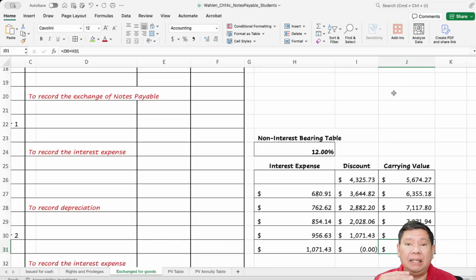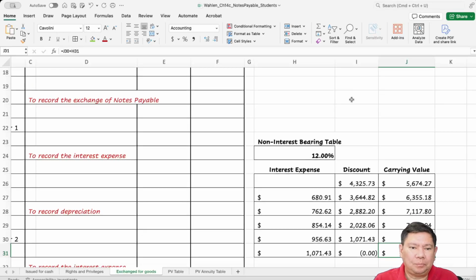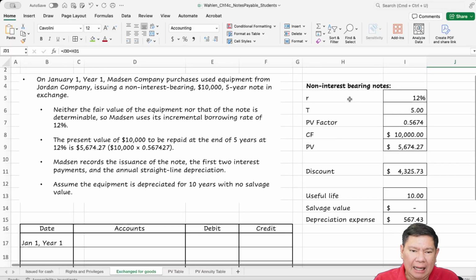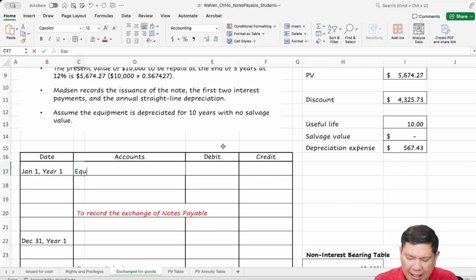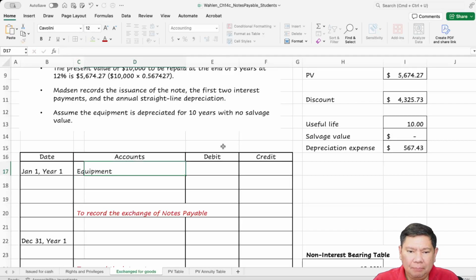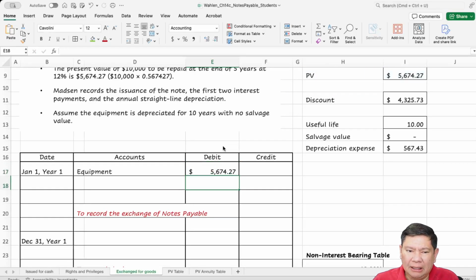So after 5 years, the company will pay $10,000 to the customer. Okay, and then we can look at the journal entries. First of all, we get our equipment valued at the present value of the $10,000 for 5 years using 12%.